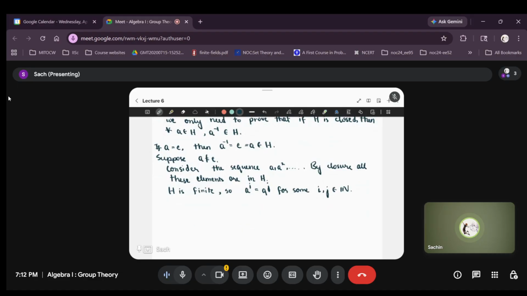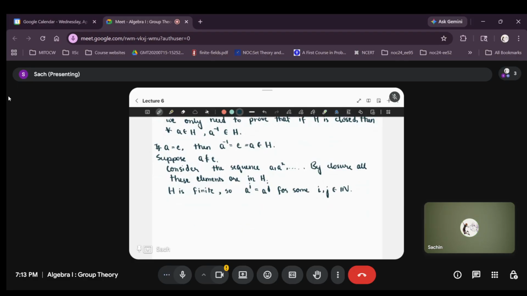Because if each of the powers of A was different, then there would be an infinite number of distinct powers of A, which would all belong to H. That would mean that H has infinite order. That is not true. H is finite.